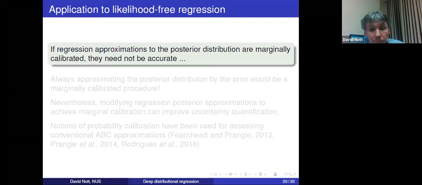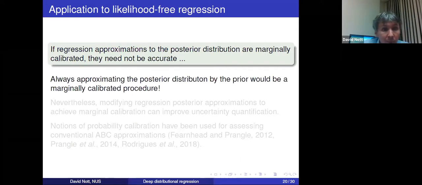Now, I should make the point straight away that if your regression approximations aren't calibrated, then they aren't accurate. But if your regression approximations are calibrated, that is no guarantee that they are accurate. For example, say I decided I would always approximate the posterior distribution by the prior.